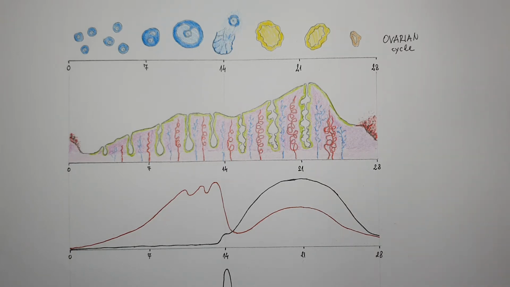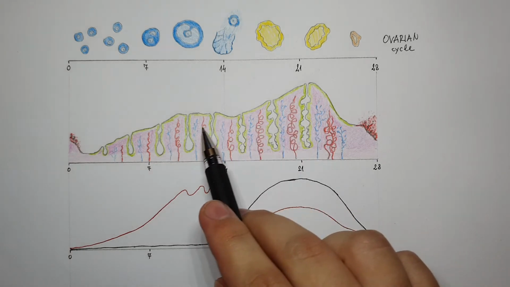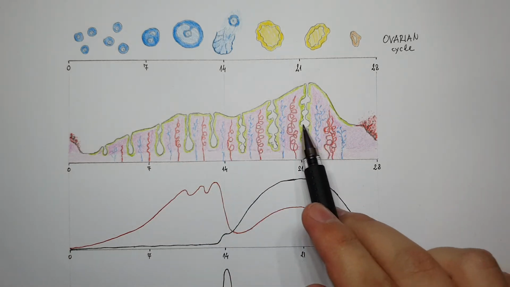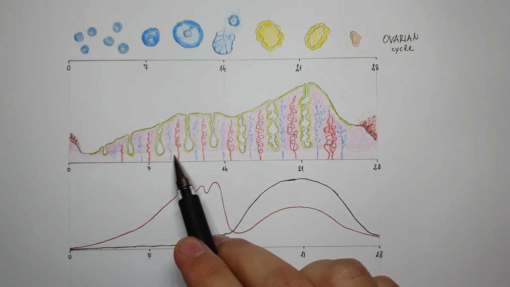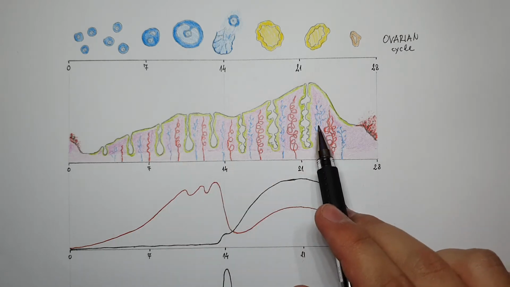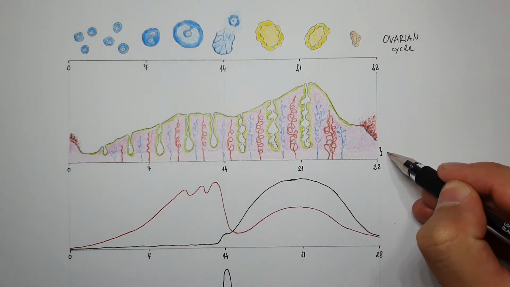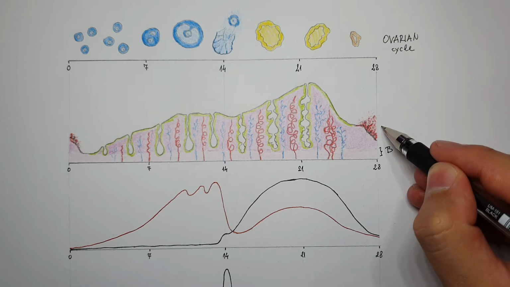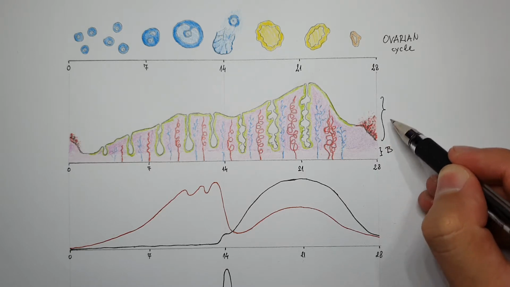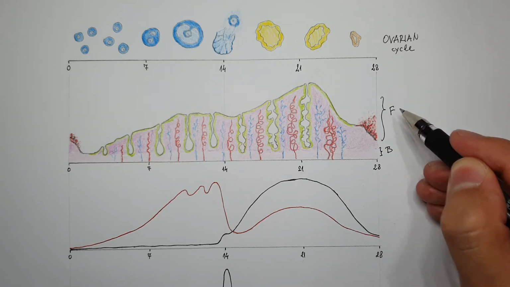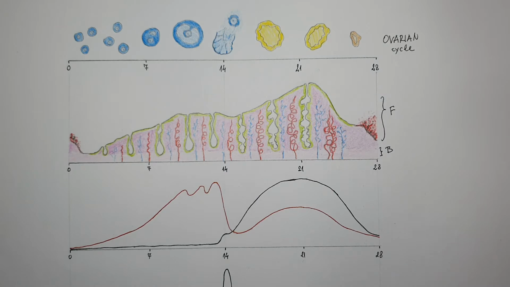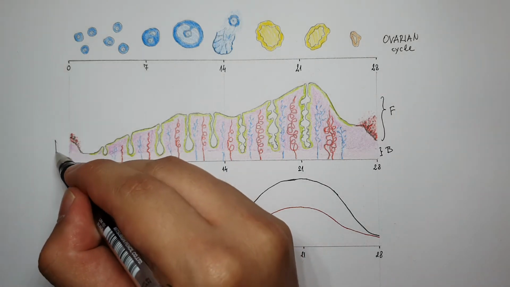So many of these changes happen in the endometrium that I showed here. So this is the endometrium, its basal part and the functional part of the endometrium.